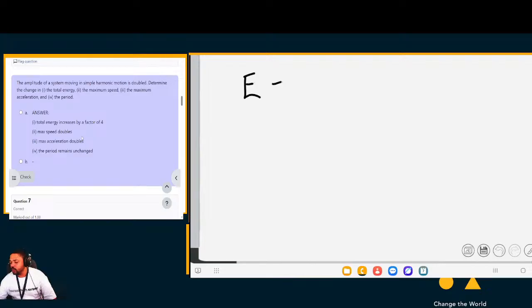The total energy of a simple harmonic oscillator is equal to a half spring constant times the amplitude squared. That's the energy of a simple harmonic oscillator. Here k is the spring constant, and that's the amplitude. Now let's double the amplitude.